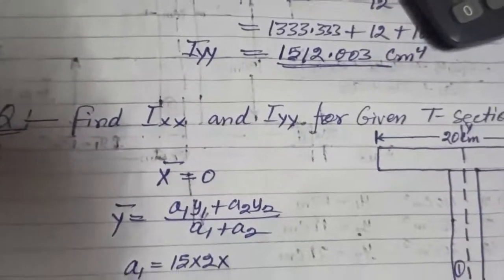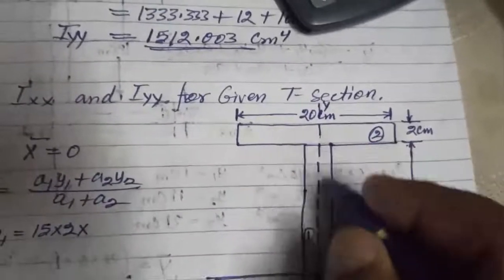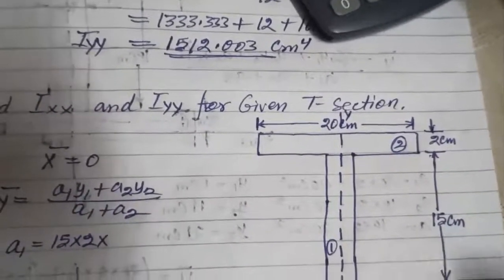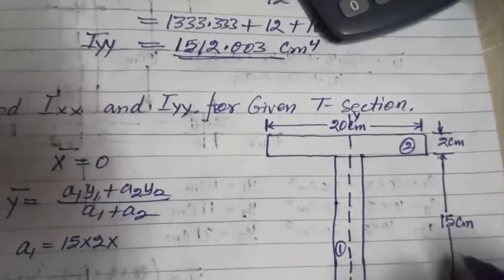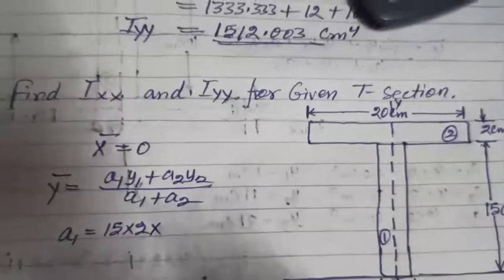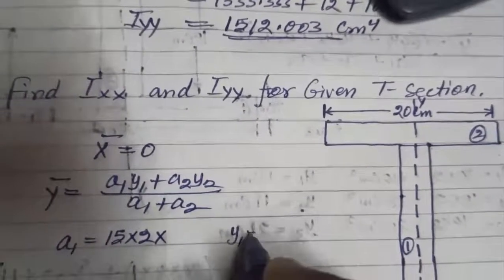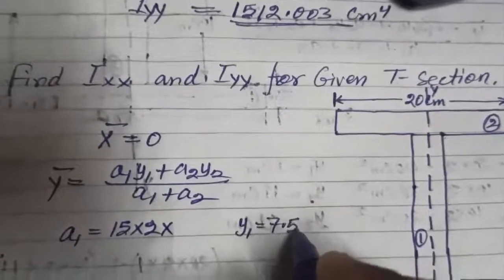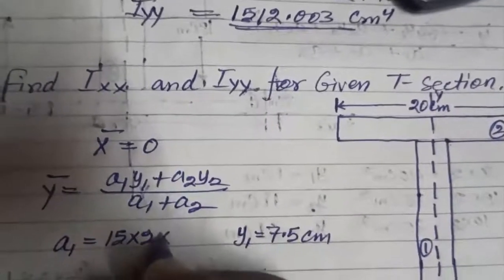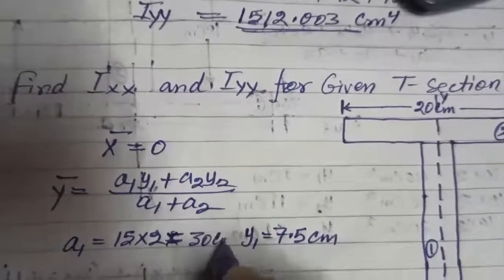This is part 1, so from here it is half of this 15. So it is at 7.5 from here. So Y1 is 7.5 centimeter and A1 is equal to 30 centimeter square.